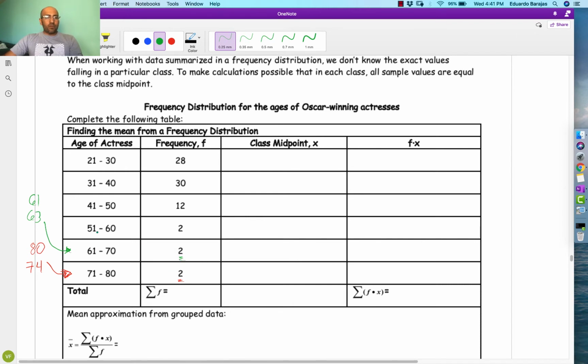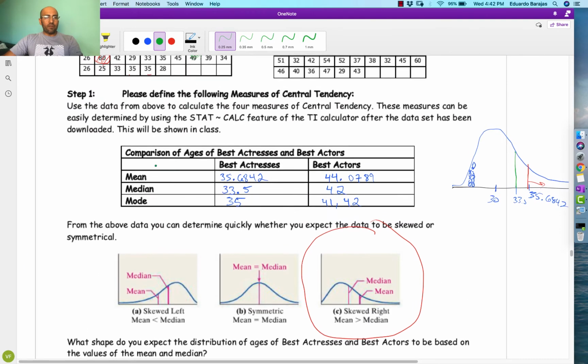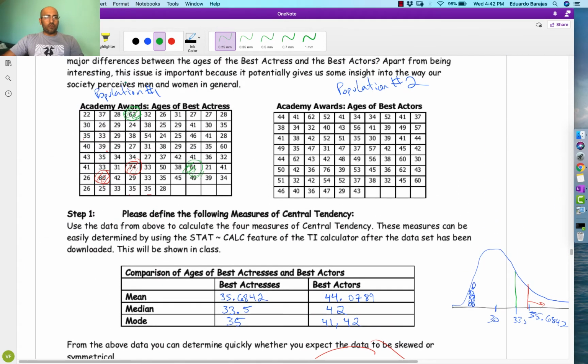Good. Last one, let's just confirm this. 51 to 60. 2 of the ladies were between 51 and 60. There's the 60. And then 51 to 60. The other one is, oh, not 50, 51.